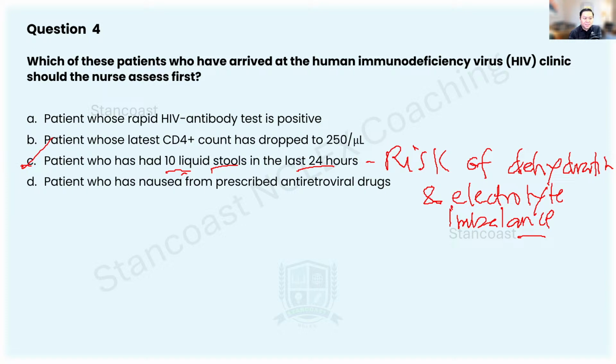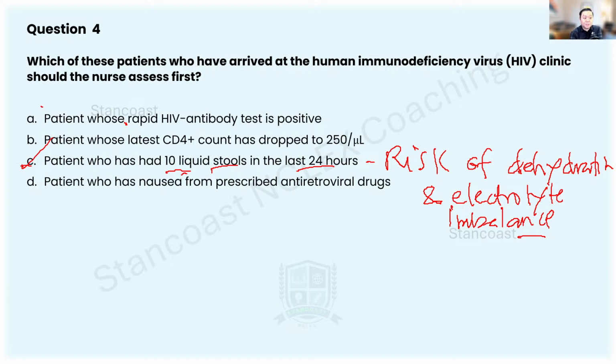Okay. If you answered letter A, patient whose rapid HIV antibody test is positive, it doesn't require an urgent need for assessment, but we can do that later, okay? We will be putting this patient at a lower priority. Yeah, that's correct, Victoria. You're correct.